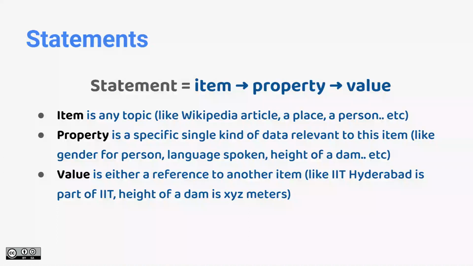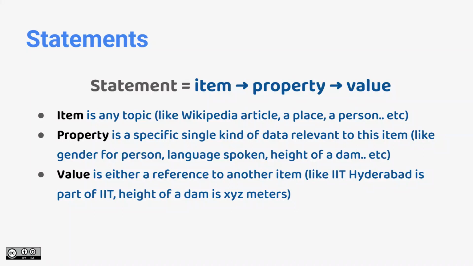Like we said, a statement consists of mainly three parts: the item, the Wikidata property, and the Wikidata value. The item can be any topic, like a Wikipedia article, a location, or the name of a person. The property connects and gives additional information to that statement.